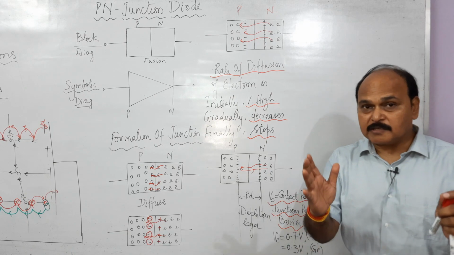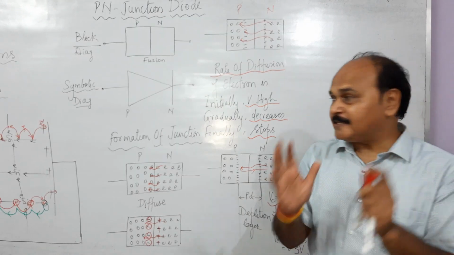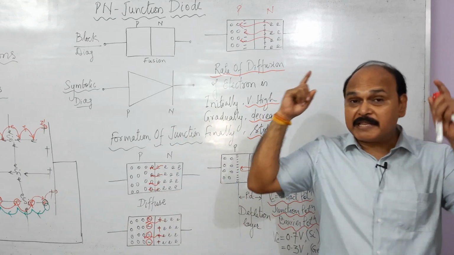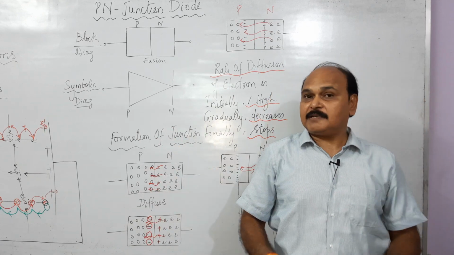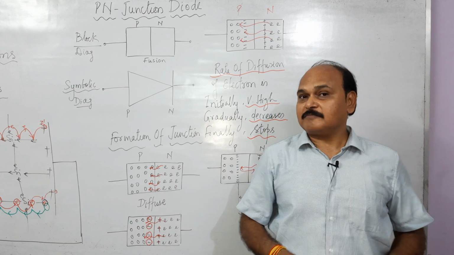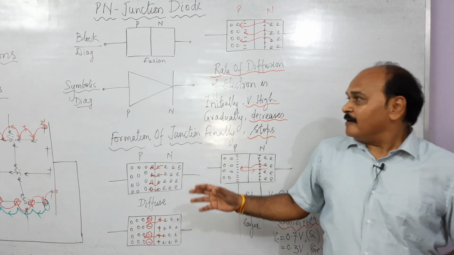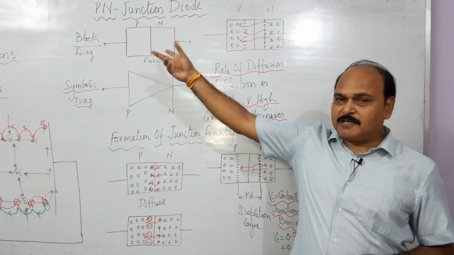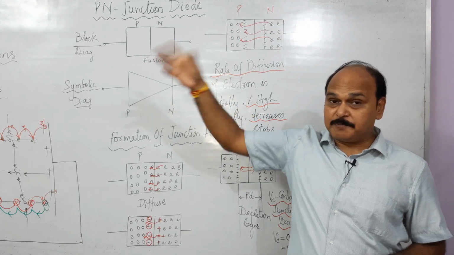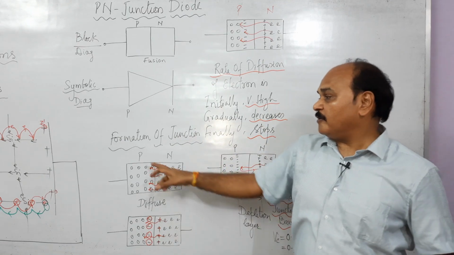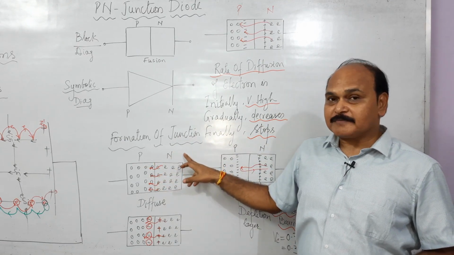This whole story which I have stated in terms of diffusion of electrons from n side to p side can be restated in terms of diffusion of holes. So let's restate it. As the two different materials, p and n type materials, are fused to each other, holes diffuse from p side to n side.